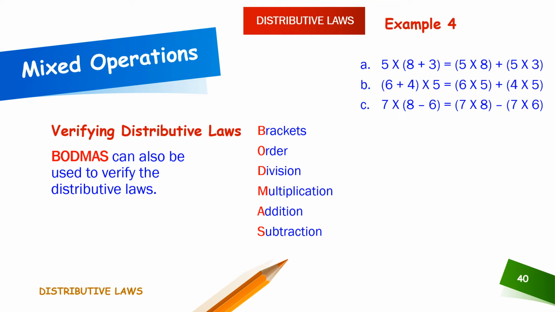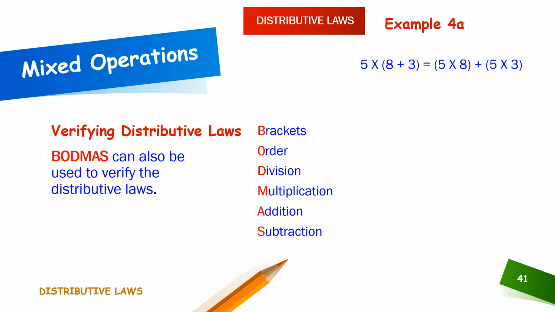We will now use the BODMAS rules to verify the distributive laws by using the examples shown on the screen. Let's do the brackets first. Eight plus 3 equals 11. Now let's do the next operation. This is multiplication. 5 times 11 is 55. Now let's consider the right-hand side. Do the brackets first.